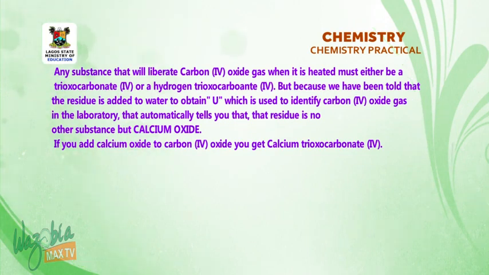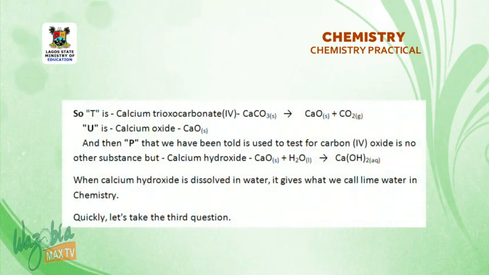If you add calcium oxide to carbon 4 oxide, you get calcium trioxocarbonate 4. So T is calcium trioxocarbonate 4, U is calcium oxide, and then P that we have been told is used to test for carbon 4 oxide is no other substance but calcium hydroxide. When calcium hydroxide is dissolved in water, it gives us what we call lime water in chemistry.